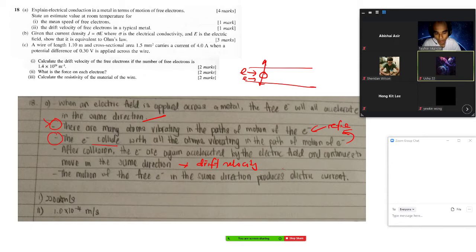Okay, because it was drifting towards the E, right? So let's say this is the E. This is positive, positive, negative, negative. So electrons are drifting towards the positive part of the E. Oh, sorry.